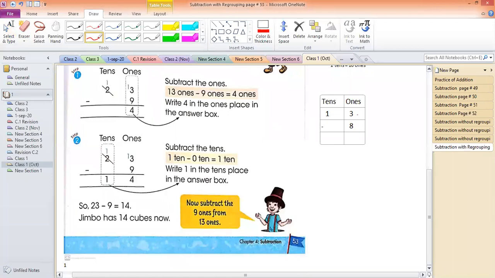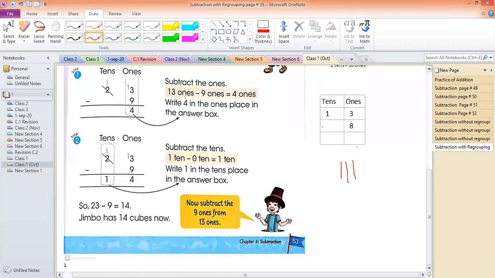If I draw 3 lines, this is 3: 1, 2, and 3. So I cannot cut 8 lines from 3 because 8 is bigger than 3. Okay. So what should I do now, Ryan?